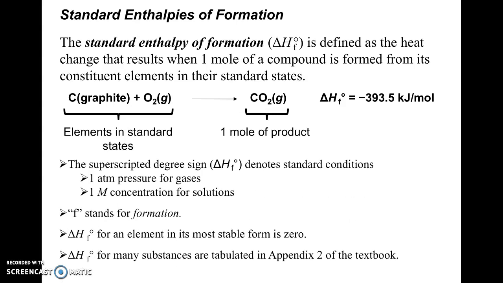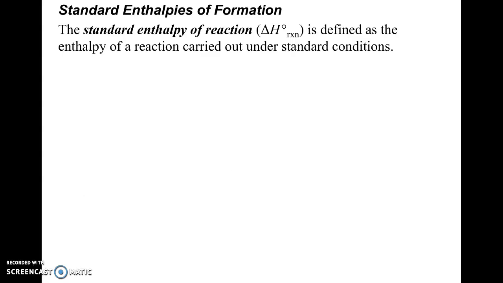And the important thing is a third thing here, that the delta H of formation for any element in its stable form, so how it exists in nature, is 0. And these are actually tabulated in your textbook and many other reference books.